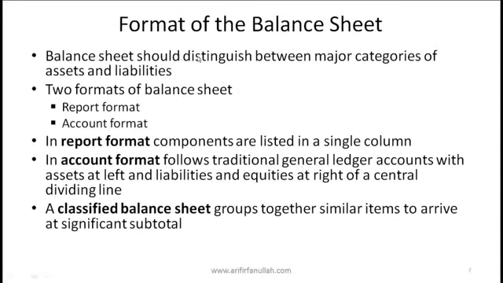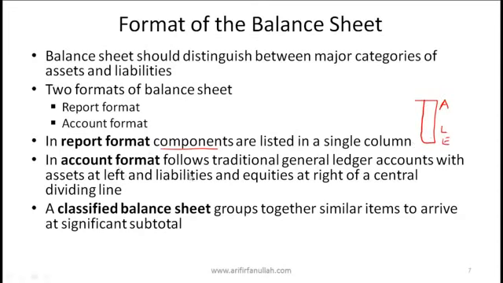The format of the balance sheet. The balance sheet should distinguish between major categories of assets and liabilities. Two common formats are a report format and an account format. In a report format, all the components, the different kinds of assets and then liabilities, are listed in a single column. So you will have all your assets and then liabilities and then equity.